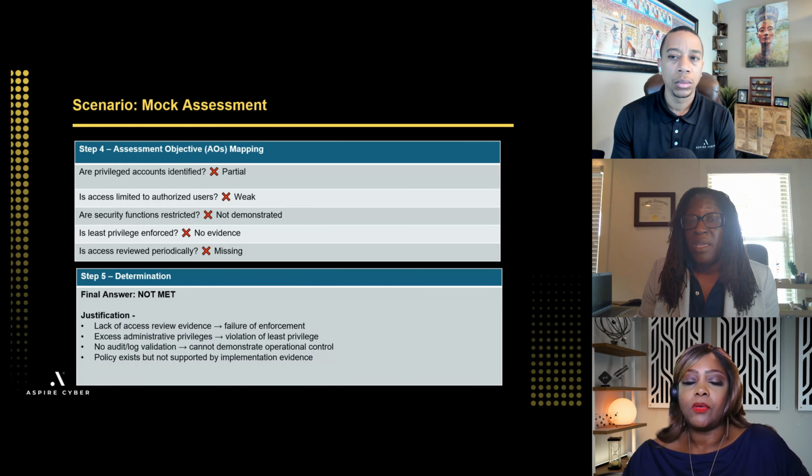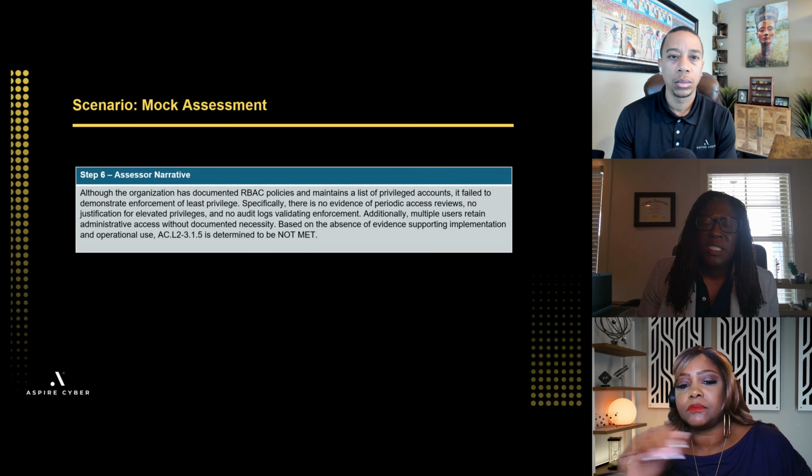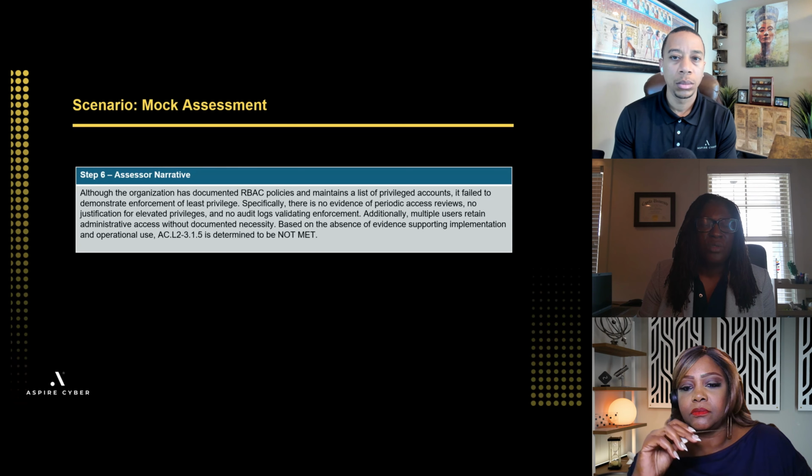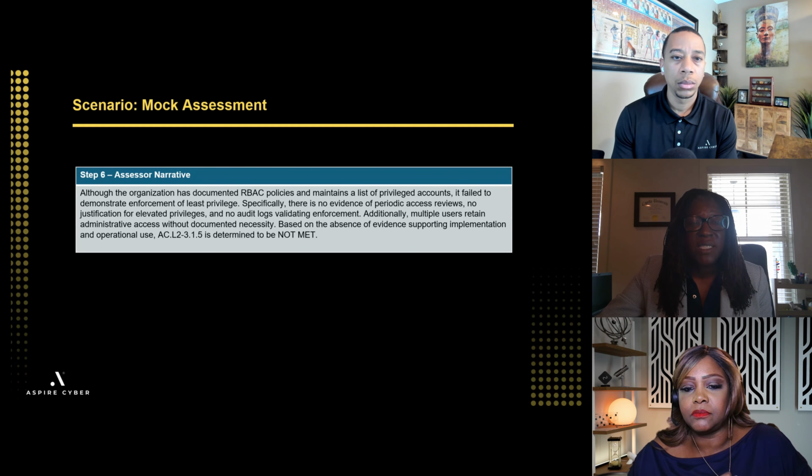Okay. Now, when you're looking at this particular scenario, we can say that this OSC did not meet the access control level 2 of least privilege. And we can comfortably make that statement because we now know that some of the evidence that was needed during that assessment was missing. It wasn't present, or maybe it was weak and it was not demonstrated during the testing that we observed.